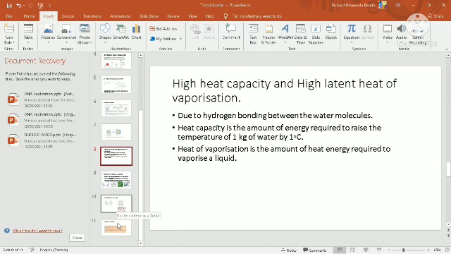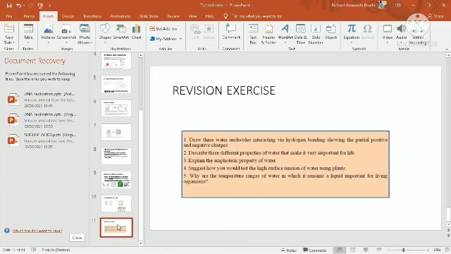This energy is high because when it is applied to the water, it's first used to weaken the hydrogen bonding in the water molecules.